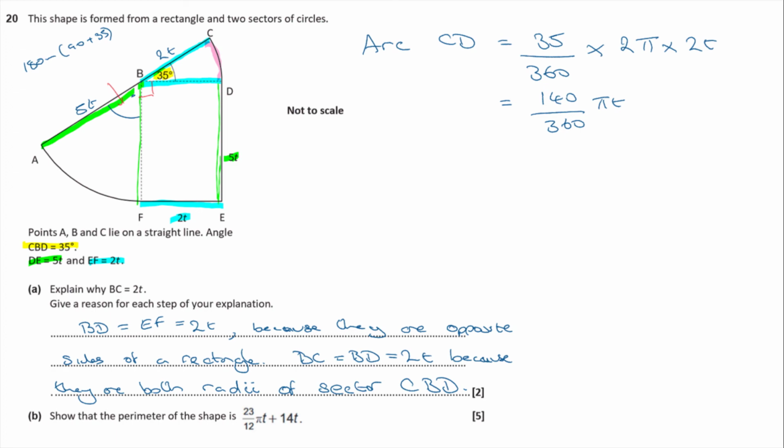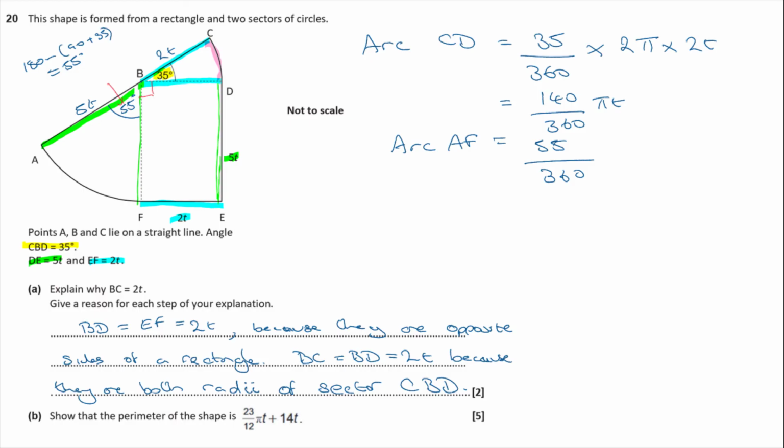Take it away from 180. That gives me a 55 degree angle. So that one there is a 55 degree angle. So now we're ready to work out the arc length of AF. Now we know that angle, so it's going to be equal to the angle at the center, which is 55, divided by 360, because there's 360 degrees in a turn.